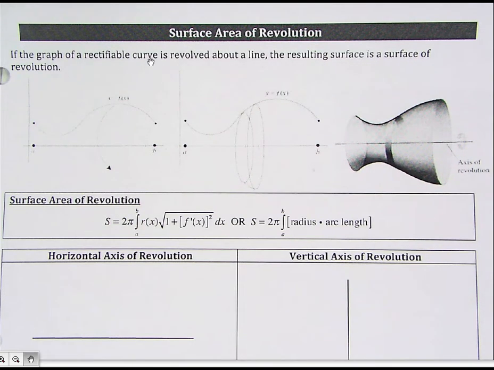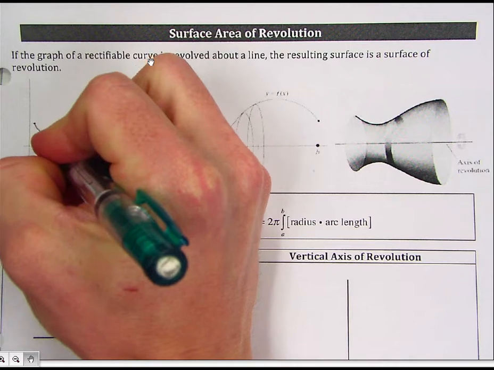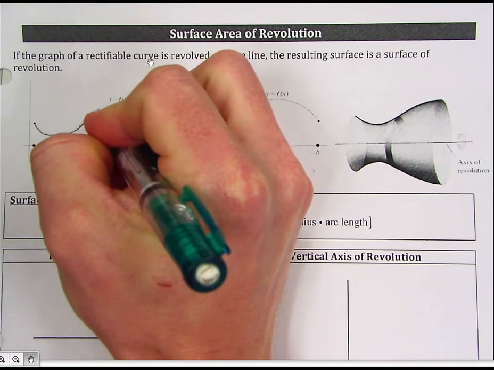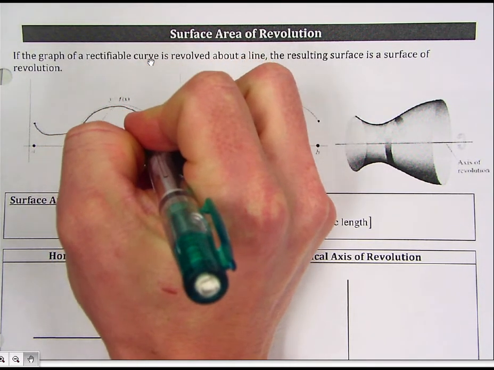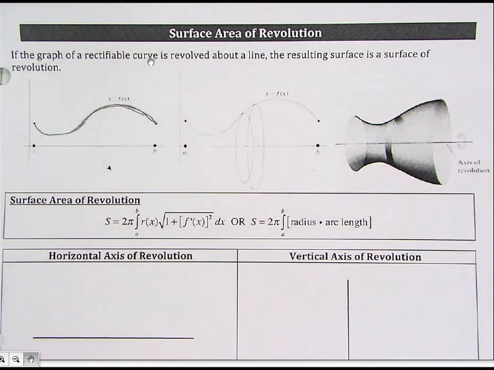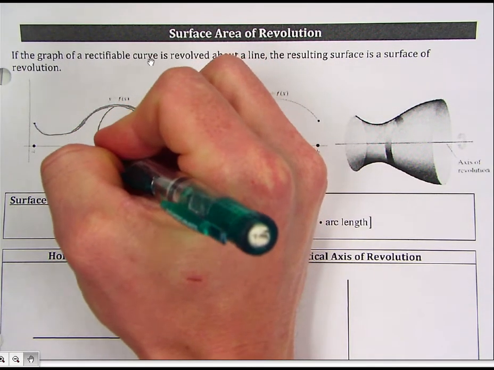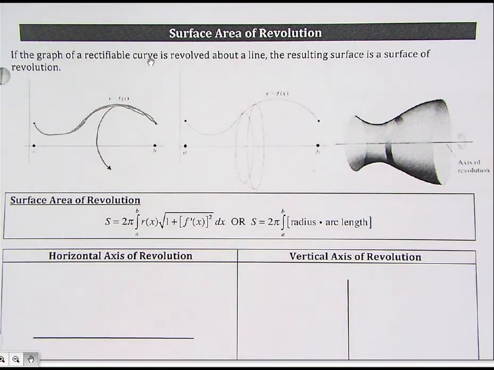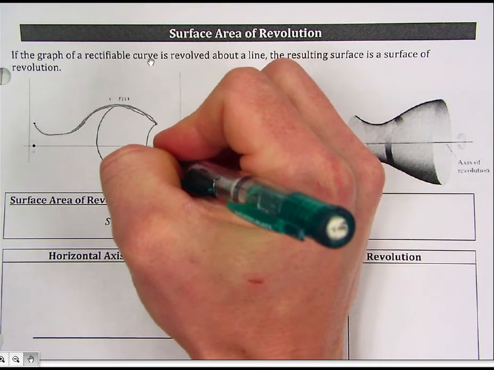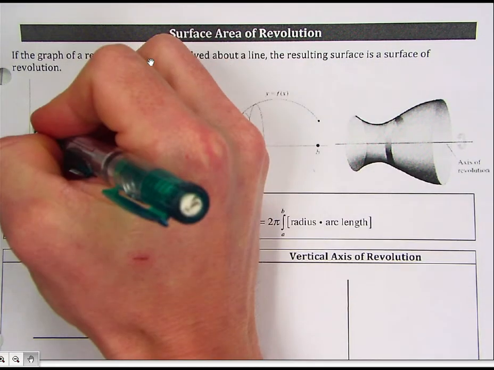Today we're going to round out our applications of the integral with surface area of revolution. So if we take a rectifiable curve, which remember was continuous, smooth, and differentiable over an interval, and now we rotate that curve around a line, you can see what happens here is at each point we kind of get these circles.